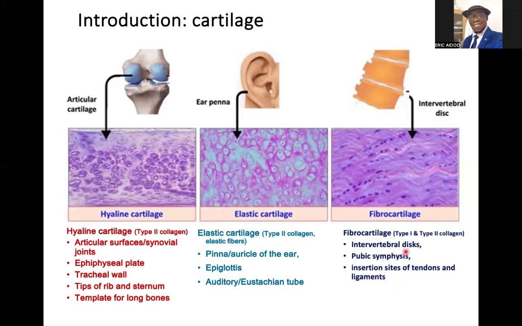In the intervertebral disc, you find it in the annular region, where it is circumferential. We look at it in detail again. The pattern of appearance is a wavy or parallel design. This is how fibrocartilage looks. We should bear in mind these basic characteristics.